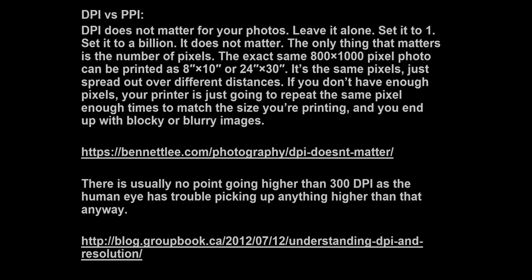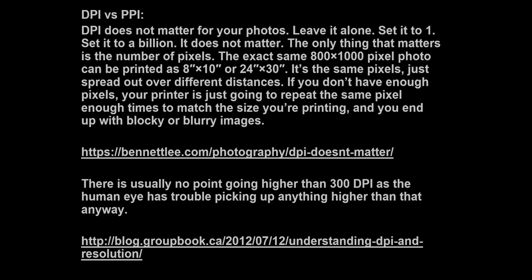The only thing that matters is the number of pixels. Depending on the pixel size, and they're showing you 800 by 1000, you can print that as an 8 by 10 or 24 inch by 36 inch. You still have the same number of pixels. It's just depending how far apart they're spread. So just be aware of that.